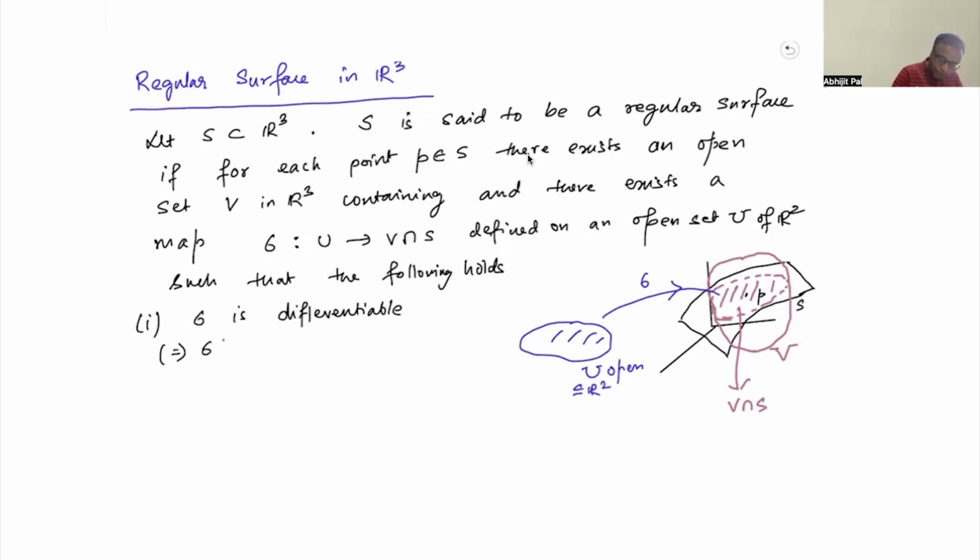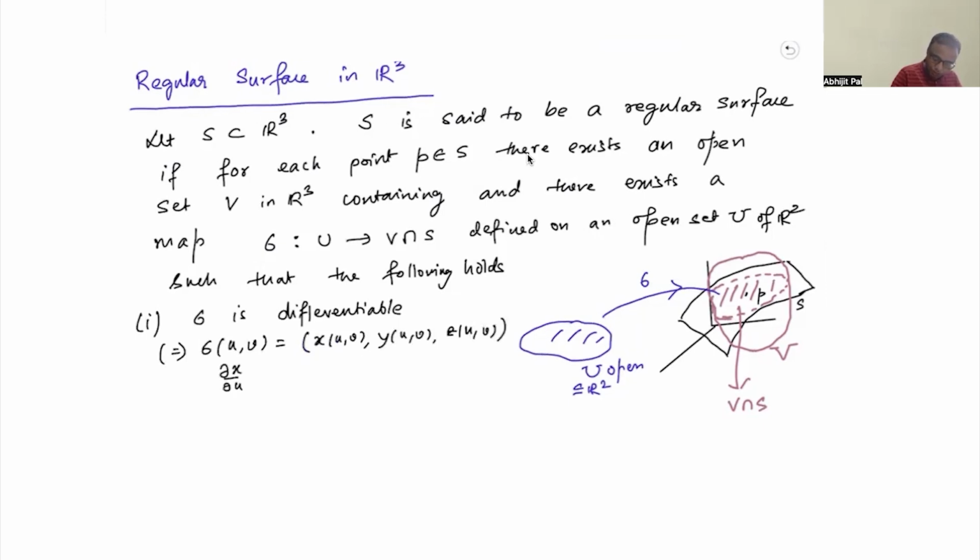If I write sigma(u, v) to be equal to (x(u, v), y(u, v), z(u, v)), then sigma differentiable means that all the partial derivatives of x, y, z exist: del x del u, del y del u, del z del u, del x del v, and so on. All these partial derivatives exist.